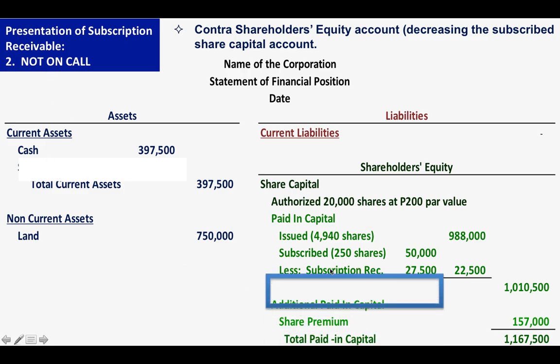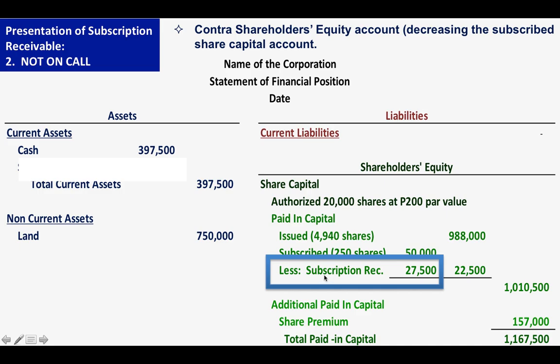It will be presented here as a reduction from paid capital from the subscription. Okay, we are reducing this. There was a subscribed shares of 250 shares. Then the subscription receivable from that subscribed shares will be deducted if it is not on call. Okay, class? So that's it.